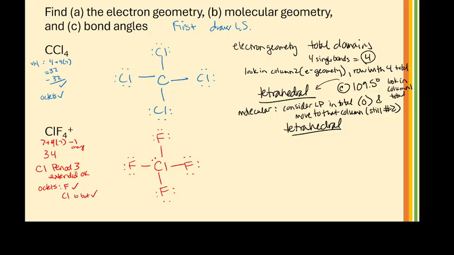But we said it's capable of having an extended octet, so 10 is okay. Technically, I would now put the rest of this in brackets and put a positive charge to indicate that this structure must exist with one fewer electron. Otherwise, it's not a valid structure if I don't indicate that there is a charge.